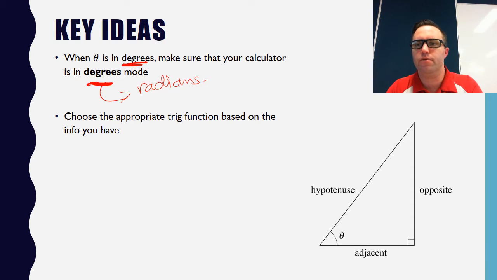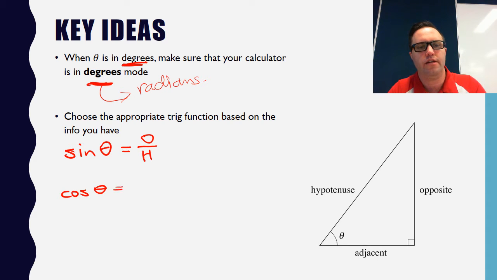Okay, now you want to choose the appropriate trig function based on the info that you have. So let's say we're looking at this triangle here. Remember, you use the sine function, so sine theta, if you've got information about the opposite side and the hypotenuse. Cosine theta is your adjacent over the hypotenuse, and the tangent of theta is your opposite over the adjacent.